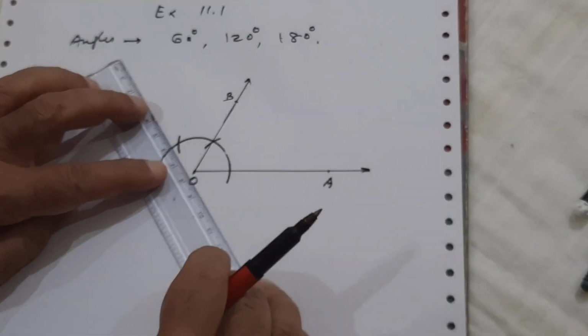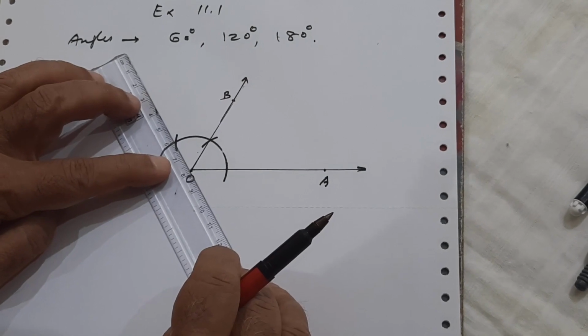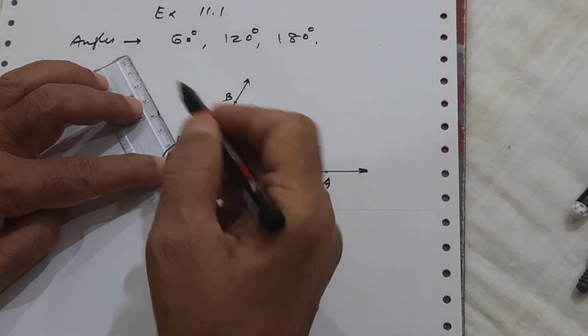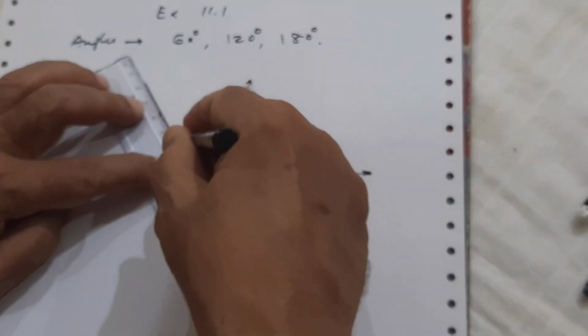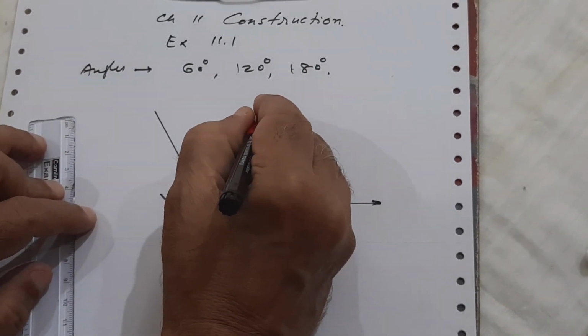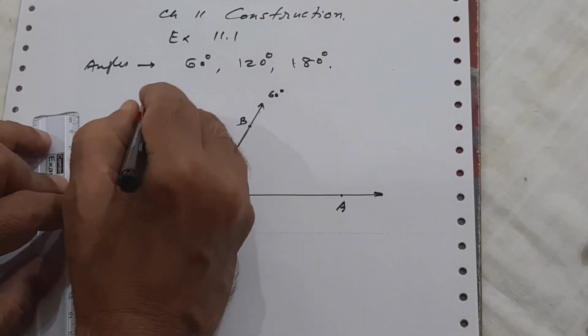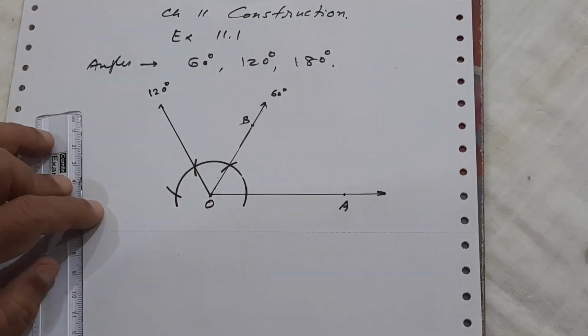You can name it as AOB. This is 60 degree angle. Now second point of intersection you join with O. This will be your 120 degree angle. So this ray shows 60 degree angle. This ray shows 120 degree angle.